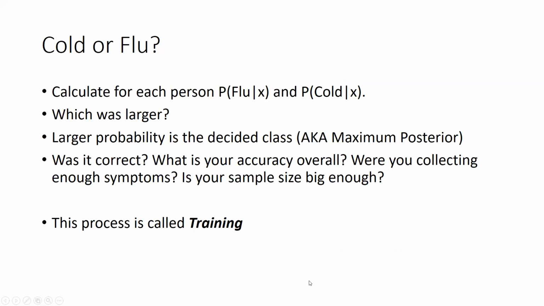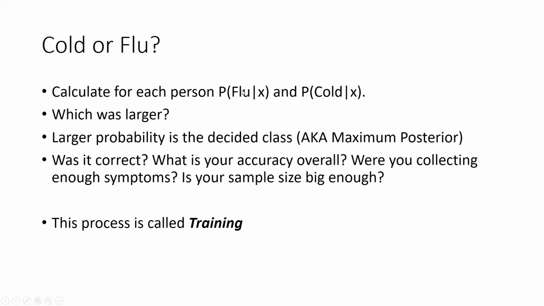And what you do is you calculate this equation twice, the first time for flu, the second time for cold, and you simply take the larger probability. This is sometimes called the maximum posterior. Whichever comes out the largest is your class you should say they are. And these aren't mutually exclusive.